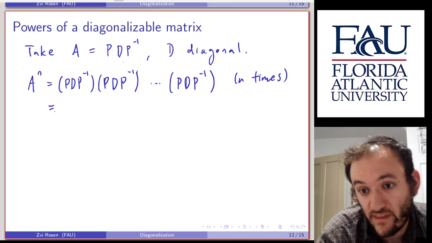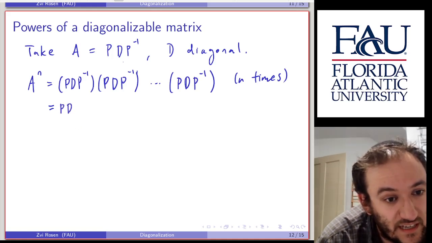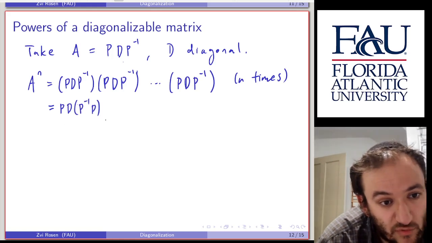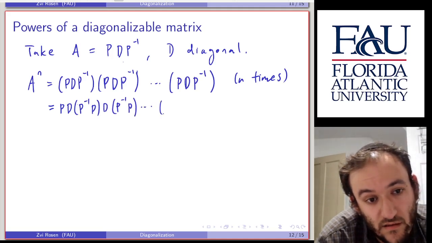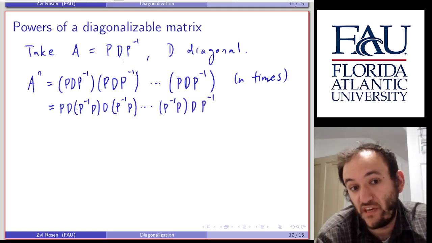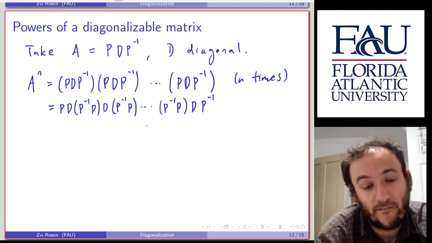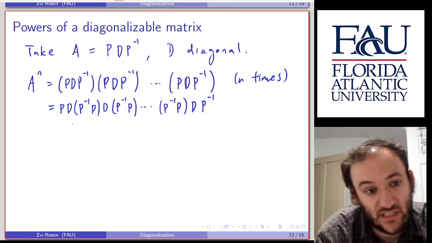So I can redraw the parentheses without changing any of the facts here, without ruining the equality. So let's put the parentheses like this. So now we have a lot of groupings of P inverse P, with a single P at the beginning, a P inverse at the end, and then a bunch of Ds.